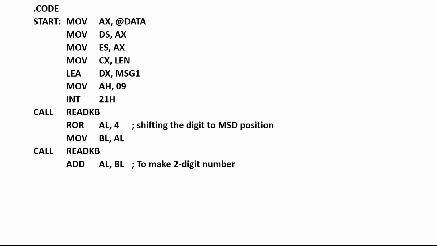We add the content of BL, which is 50, with the content of AL, which is 04, and the result is stored in the AL register. So AL now contains 54, which I wanted to input.